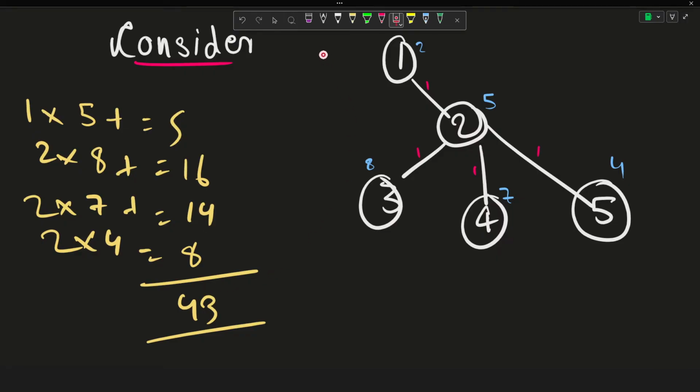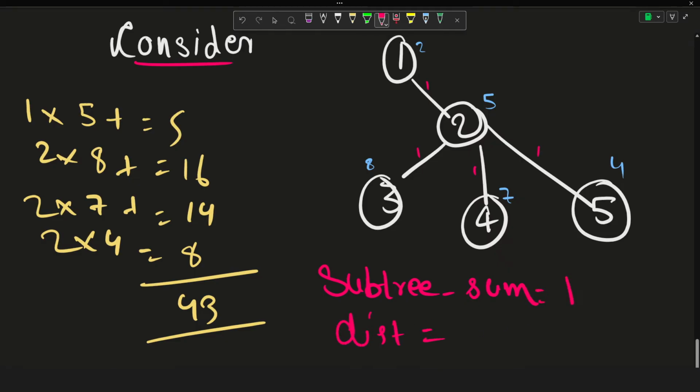So I will just do the exact same steps as we did above for the problem. So what I am saying is just maintain two arrays again. This time I will be maintaining two arrays, and let me give the first the name subtree sum, and again the same name, that is distance, for the second array, and both would be of size 5 only, that is the number of total vertices, right?